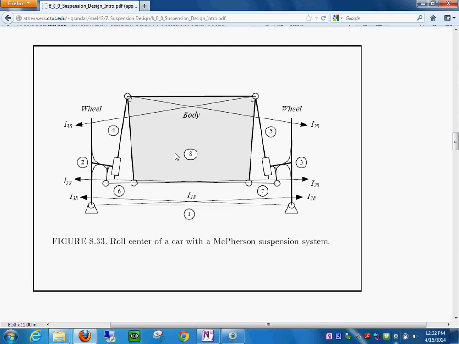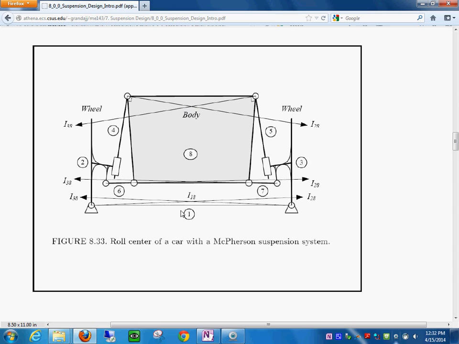In this case, you can see that by using geometry, we can draw a perpendicular to this connection like this, and then draw a perpendicular to this other connection and determine where the roll center of the vehicle is.